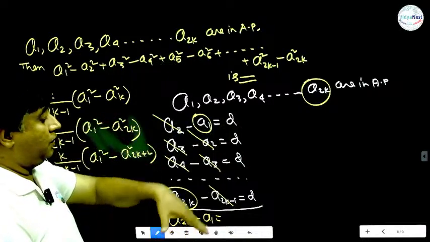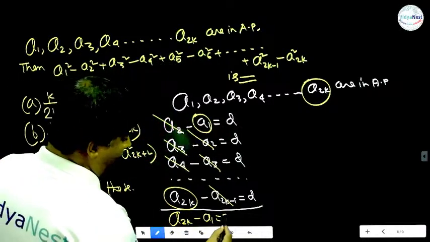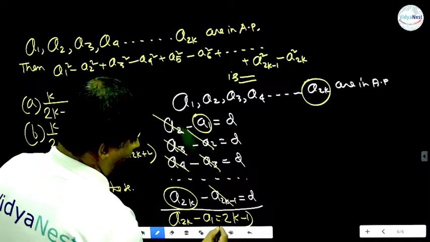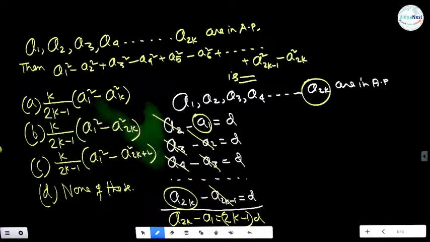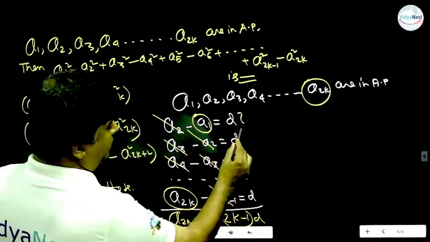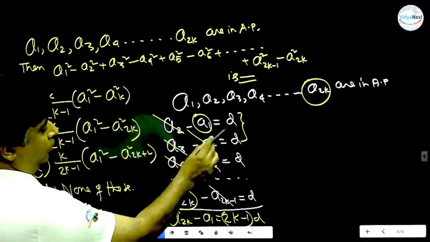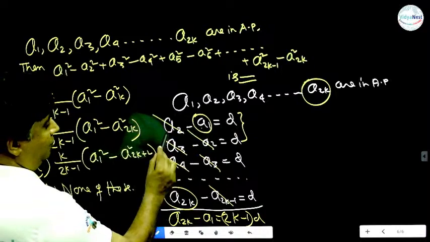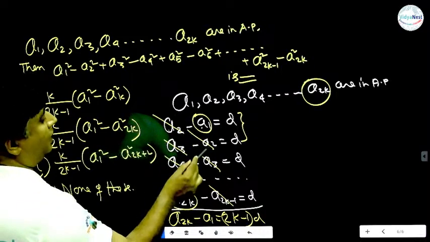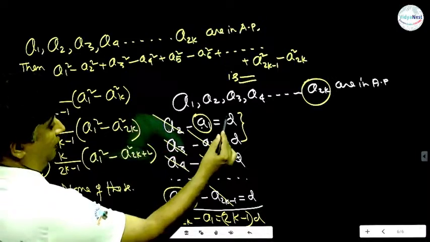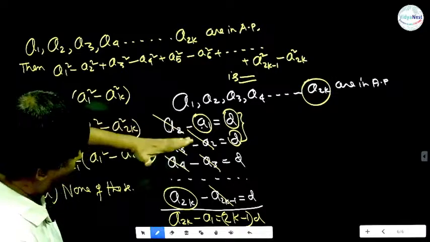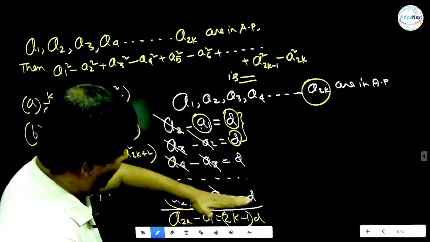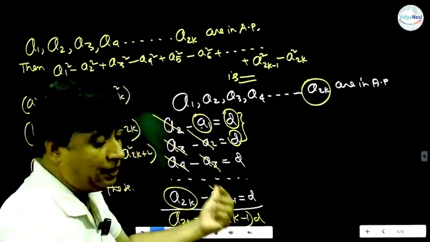No, again 2k minus 1 D. Consider the first 2 rows. Here 3 elements are involved, a1, a2, a3, a2 comes twice. If I add 3 elements, I will get the summation 2D, reduced by 1. So here 2k elements, once I add in horizontal manner, I will get 2k minus 1 into D.